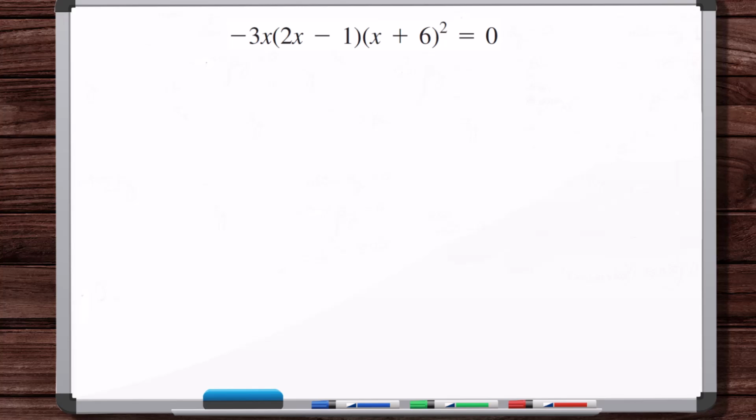Since it's a polynomial equation, you're going to have some polynomial expression on the left with 0 on the right. Then you fully factor that expression, set all the factors equal to 0, and solve, and you're going to get all the solutions. Remember, polynomial equations are a type of equation where, if you don't make any math errors, all the solutions that you get are going to be solutions when you plug them back in.